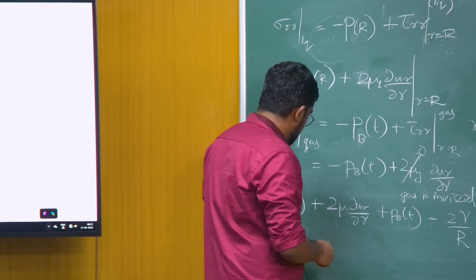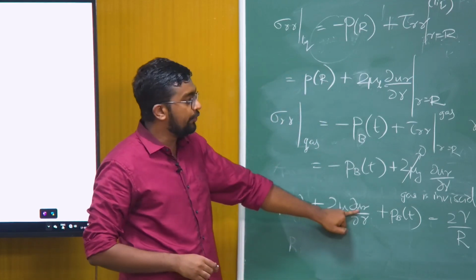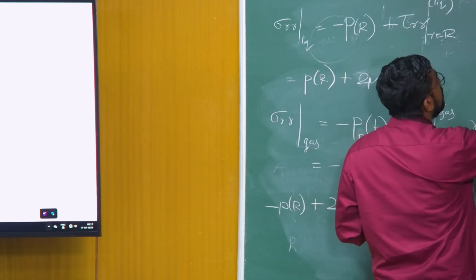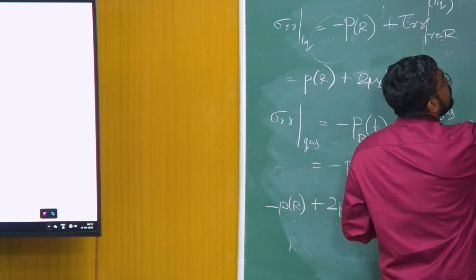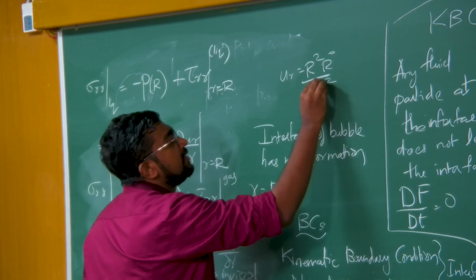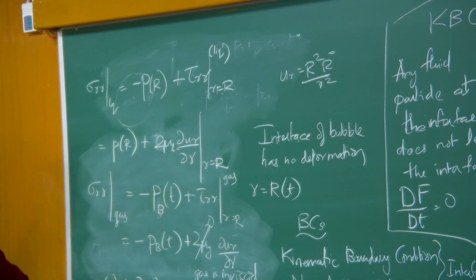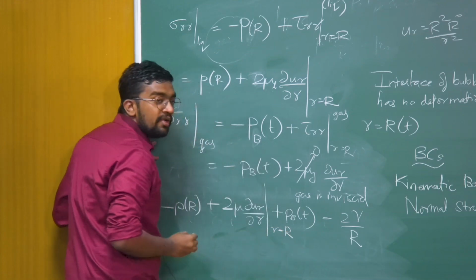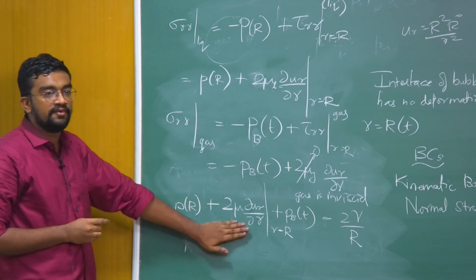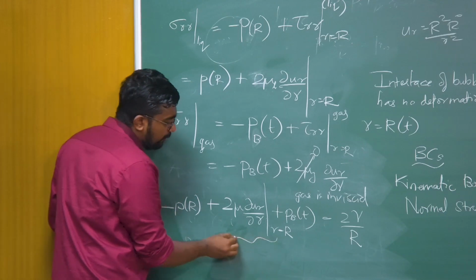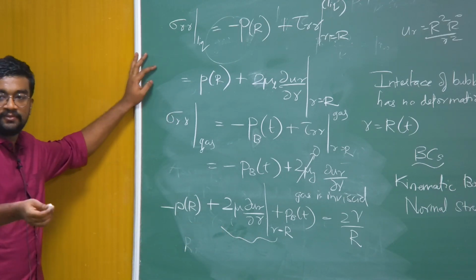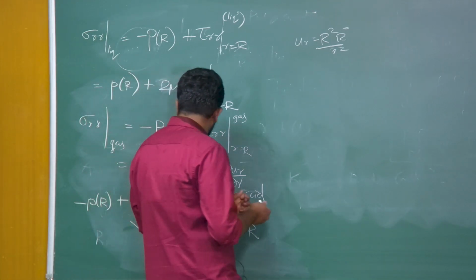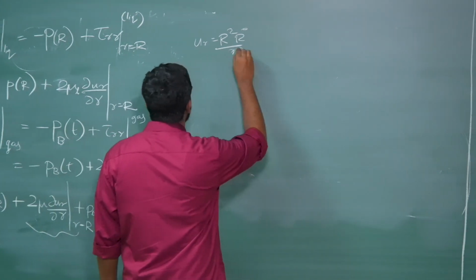Now you have to substitute the UR value that we got earlier. We got UR is equal to R squared R dot by small r squared. Substitute this here, put the value r equal to capital R, and tell me what you get for this viscous term alone, tau RR. Just this expression, 2 mu dou UR by dou r.